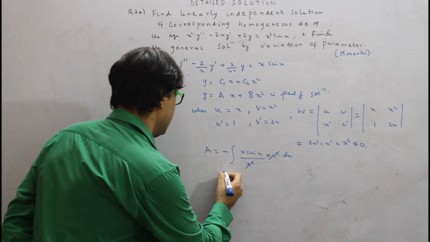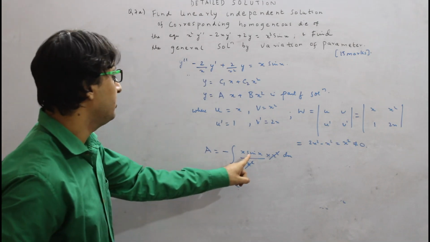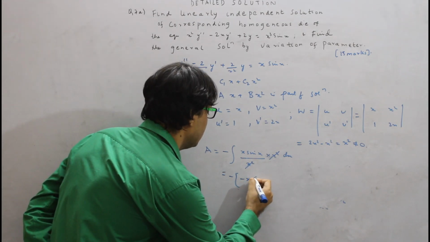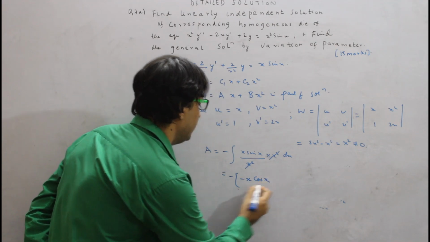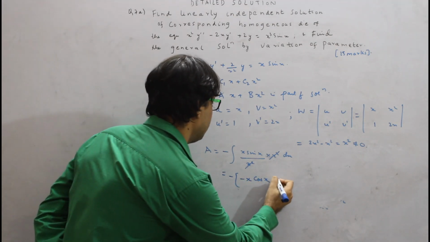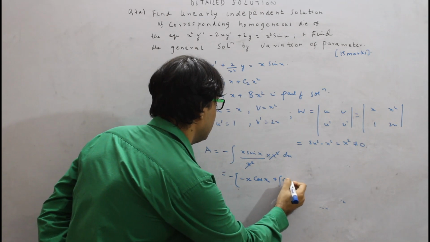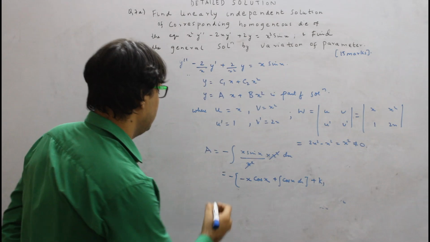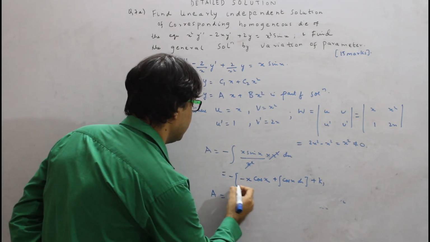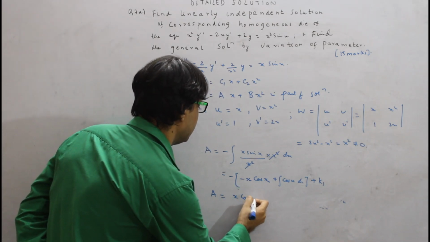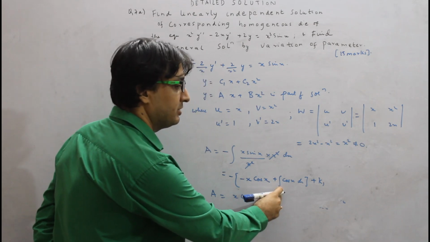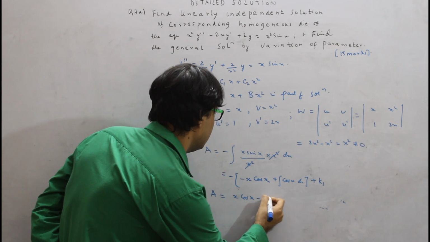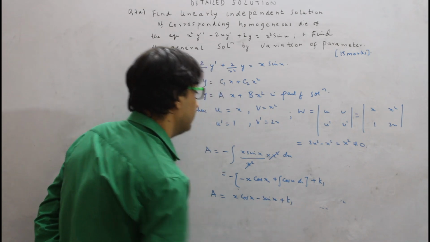Now we will keep the minus sign outside, and we are going to integrate this by parts. So this will become x cos x, minus becomes plus, so this becomes cos x dx plus, say, a constant k1. So we get our A as x cos x, and the integration of cos is sine. So this becomes sine of x plus k1.